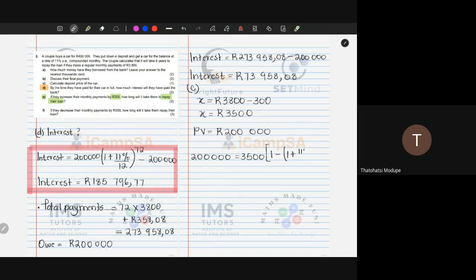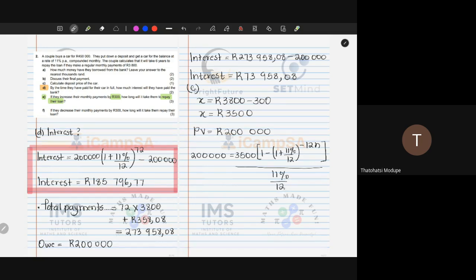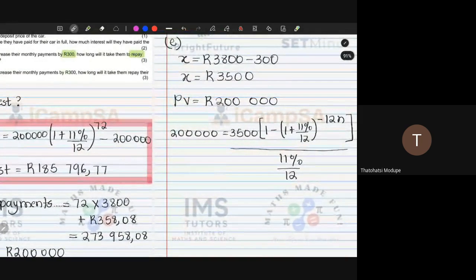So we have 1 plus 11% divided by 12. And then I'm looking for how long it will take, so I'm going to calculate the number of years. So I'm going to put negative. Remember the compounding period is 12, so I'll have 12n, where n is the number of years, and then divided by 11% over 12. So we need to solve for n.